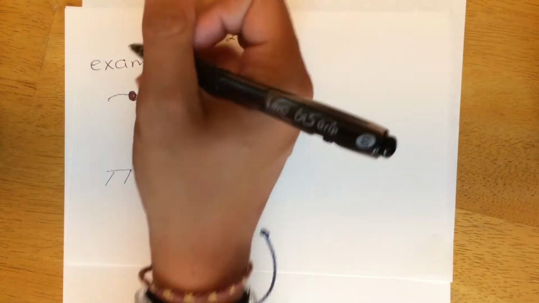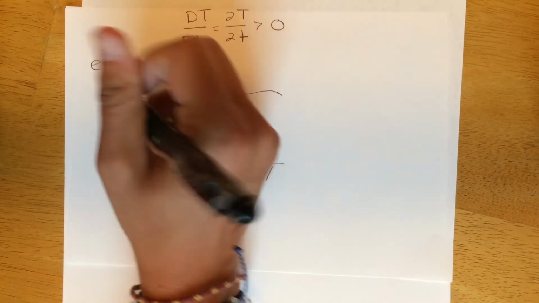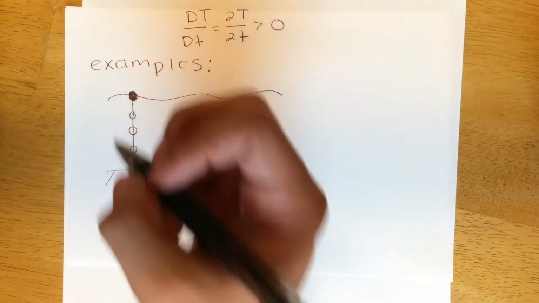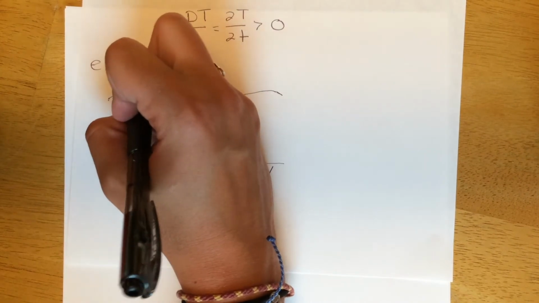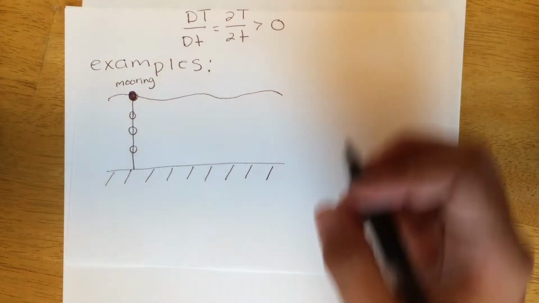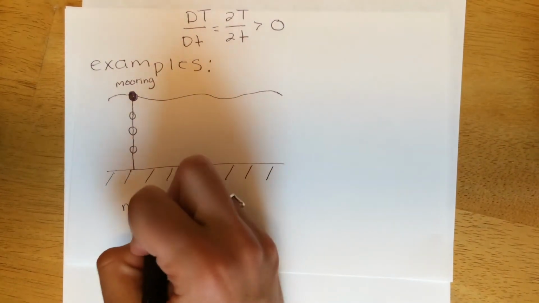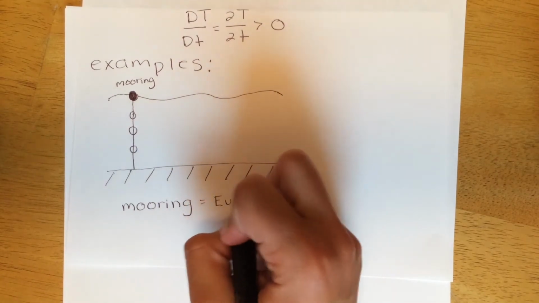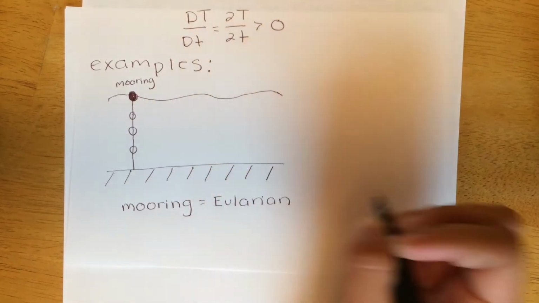For example, a mooring is a float that is attached to the bottom of the ocean, and instruments on the line measure tracers and water velocities as water flows by the mooring. This is an example of an Eulerian measurement, because the instruments are fixed and measuring from one location.